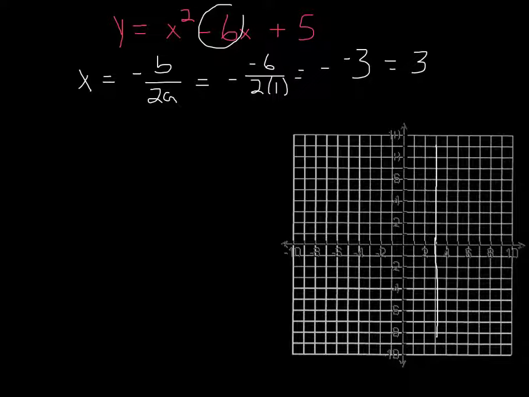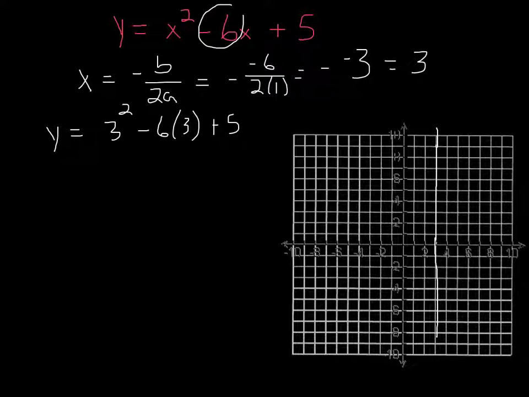Our graph is opening up, so we probably want to make that line go all the way to the top. Now we have our axis of symmetry, so now we need to find our vertex. We put 3 into the equation. y equals 3 squared minus 6 times 3 plus 5.